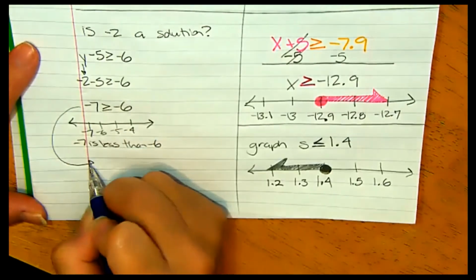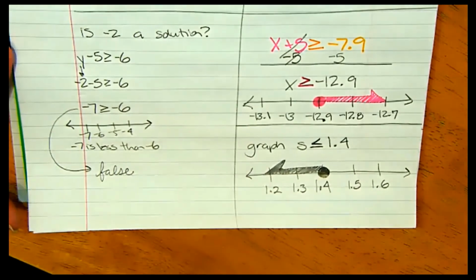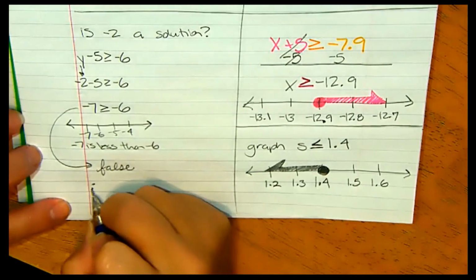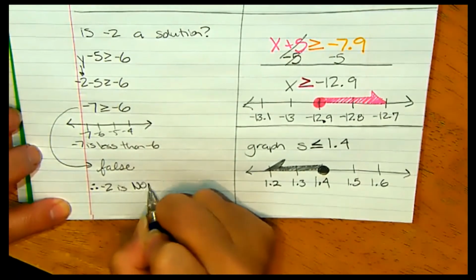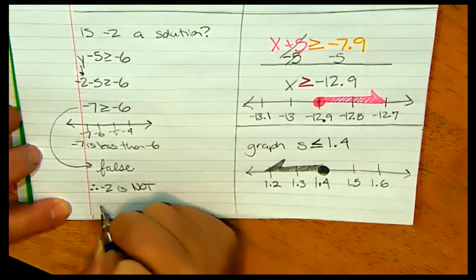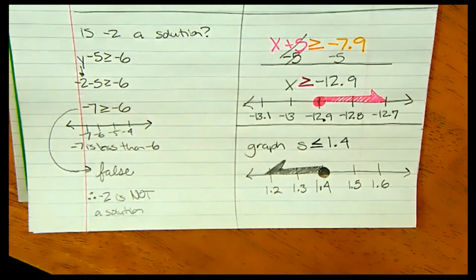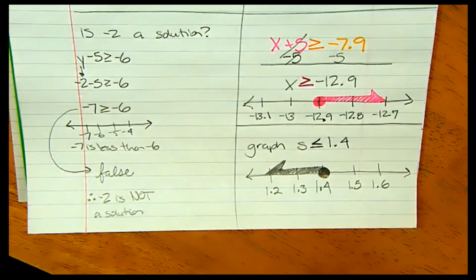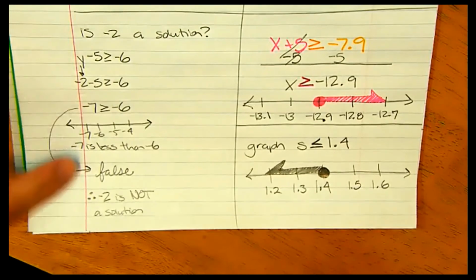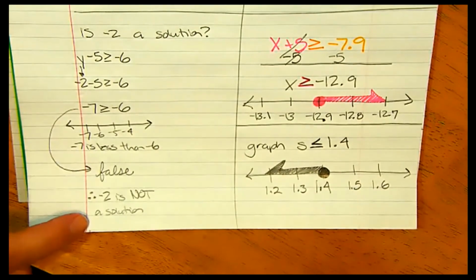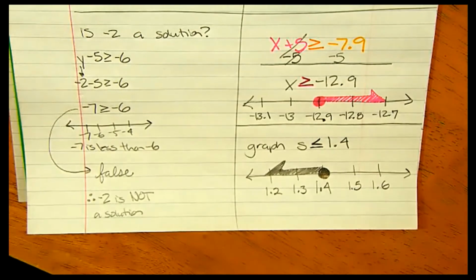That means this is a false statement. Therefore, -2 is not a solution. So just like with equations, when they gave you a false statement, then this is not a solution.